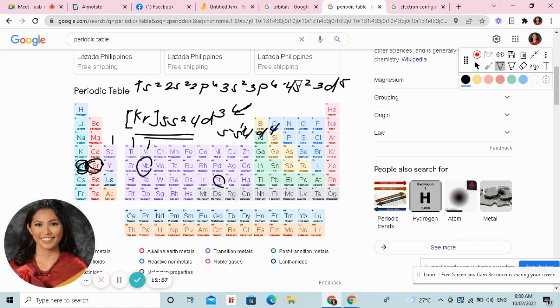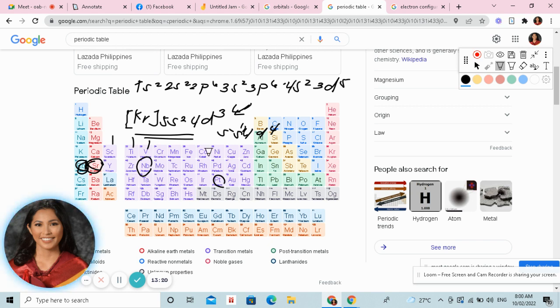So here, what's the outermost electron? How many? 4D3, ma'am. 4D3 and 5S2.